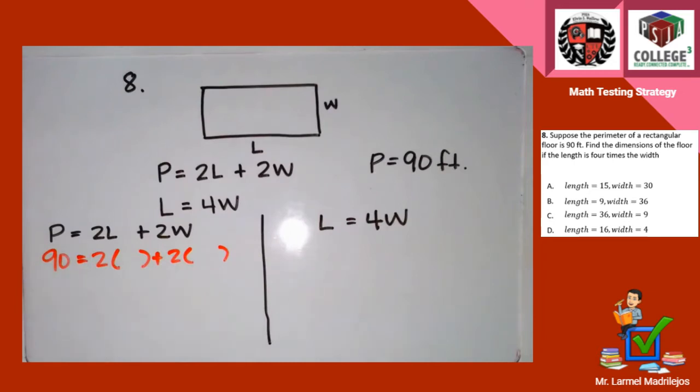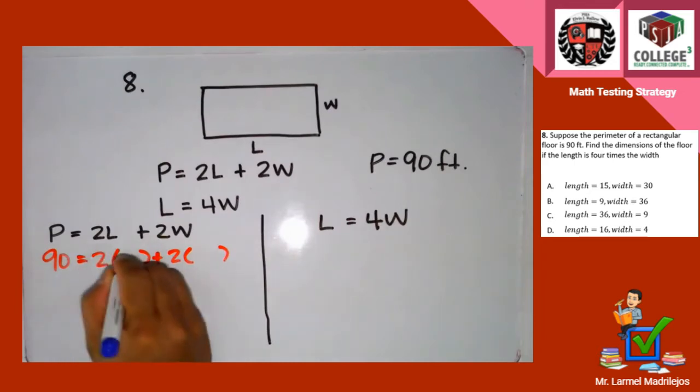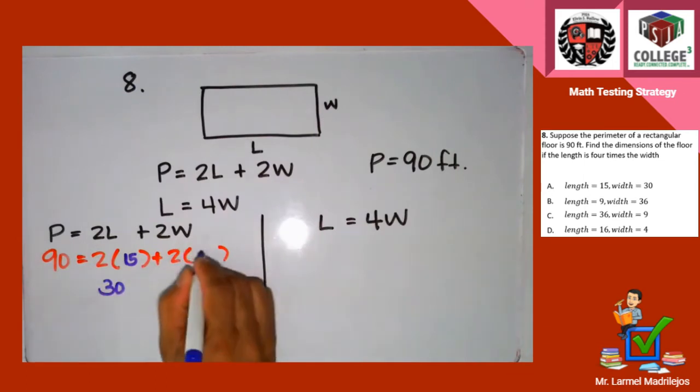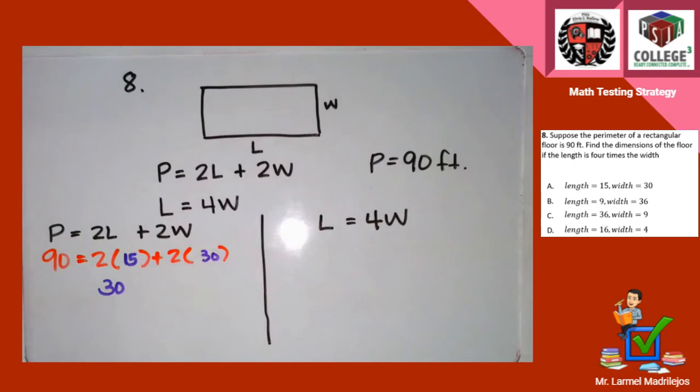Choice A. The length is 15. 2 times 15 is 30. And the width is 30. 2 times 30 is 60. 30 plus 60 is 90. They match. Now, let's see if it satisfies the next equation.